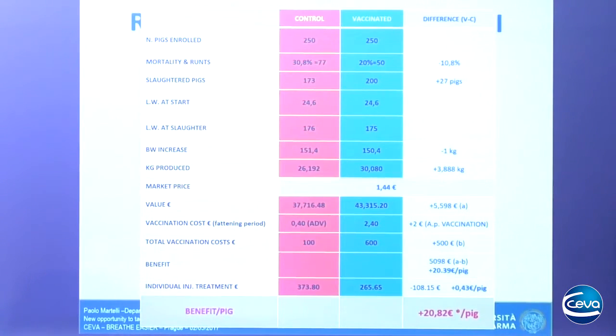So we spent more just for the vaccination, but the benefit from the vaccination was a reduction in the mortality. If we want to transfer this proportion of pigs that have survived, we can quantify it as 21 euro per pig.